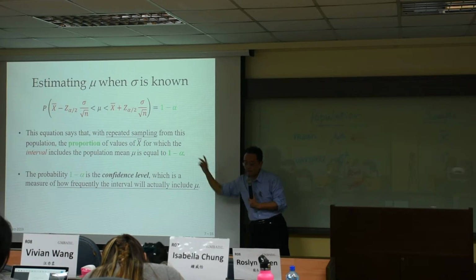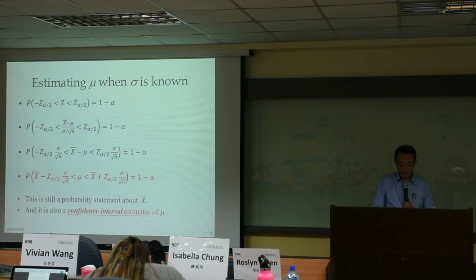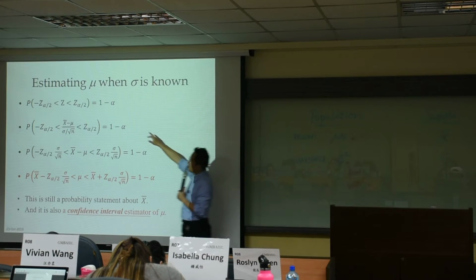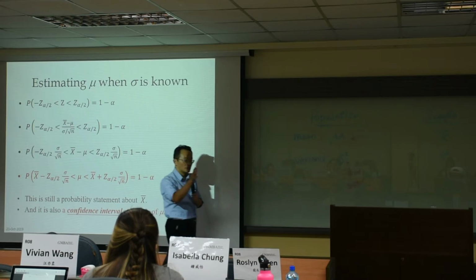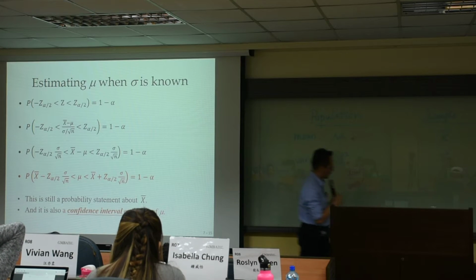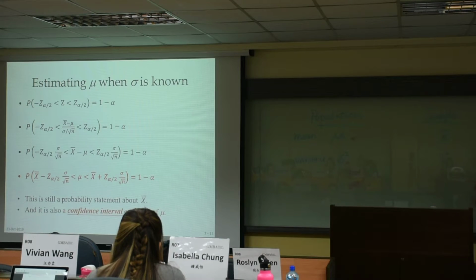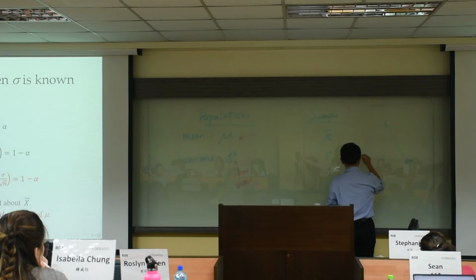Right? And if we prefer to have a small alpha, based on the first expression, this is derived from the standard normal distribution. With small alpha, remember the normal distribution plot, right?